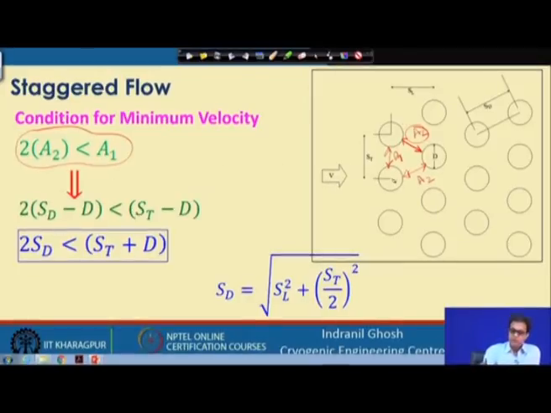So, if we solve this, we will find a condition that 2 SD less than ST plus D will give the minimum flow area at A2, or the maximum velocity at A2.